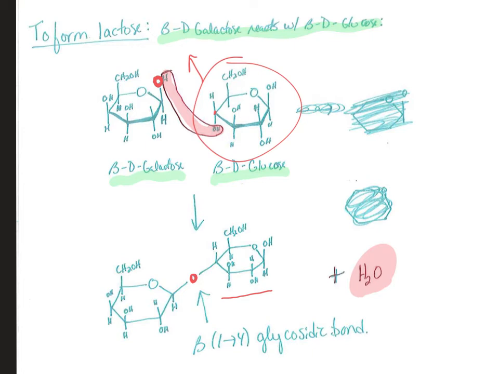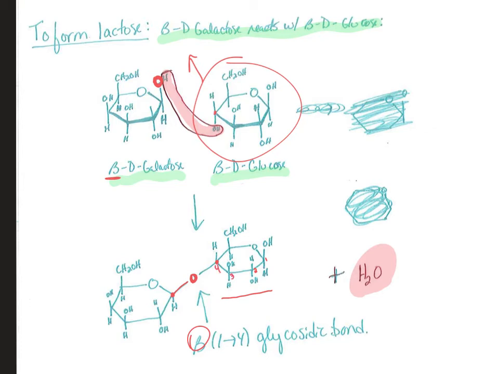Now when we name those things, we have to be careful how we do it because we're combining one thing to the other. We read this left to right like anything else. Since this is beta and this O is still pointing upwards, that's why we call it beta down here. This is the first carbon, and this right here would be carbon number 4. Remember, it would be 1, 2, 3, 4.